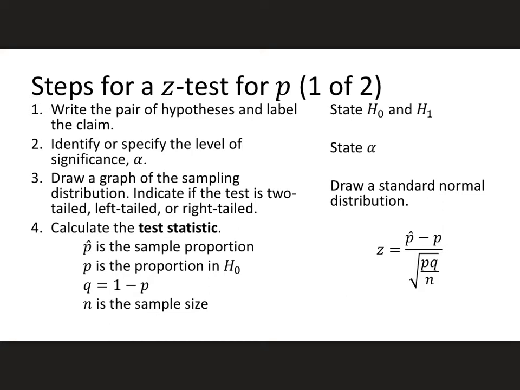Calculate the test statistic. So we know that p hat is the sample proportion, and p is the proportion that will be in your null hypothesis. q, of course, is 1 minus p, and n is the sample size. So to calculate our test statistic, you'll do z equals p hat minus p divided by the square root of p times q all over n.